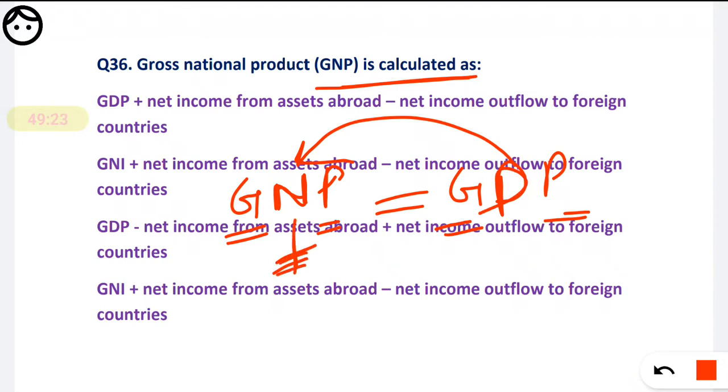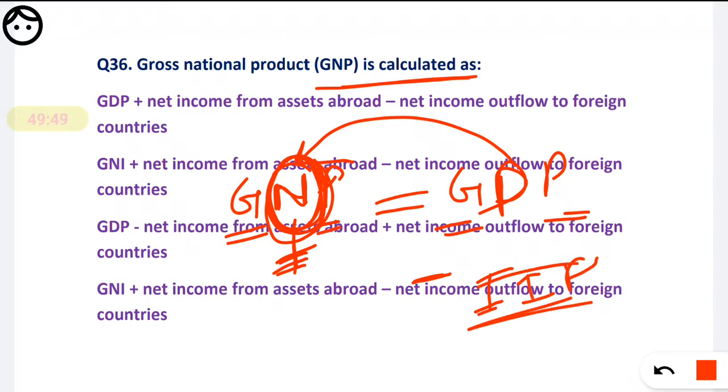While considering the nationality, what we have to do? We have to subtract the outflow. See, for GNP we have to consider only the nationals' income. So we have to subtract the net income from abroad, that is the term we call it.